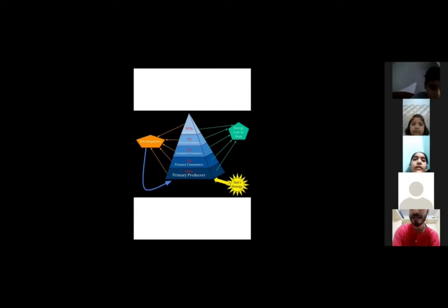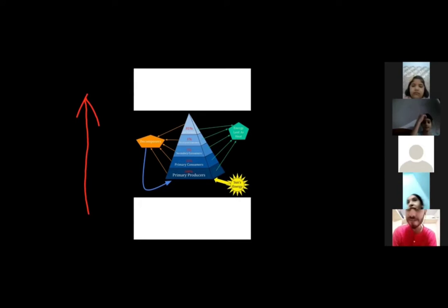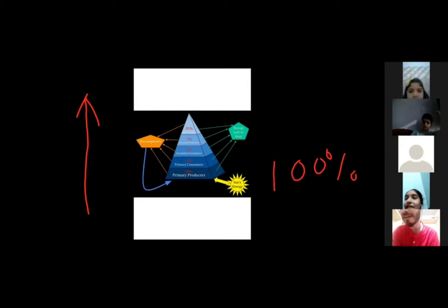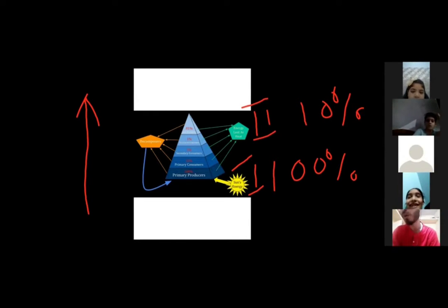Excellent. So the 10% law indicates that there is a transfer of only 10% of energy from one trophic level to another trophic level. That means if the primary producers have 100% of energy and it is the first trophic level, till the second trophic level only 10% of energy will reach, that means only 10 points.